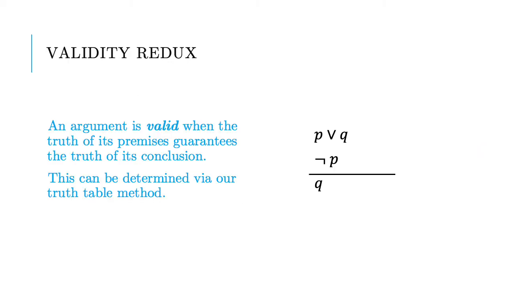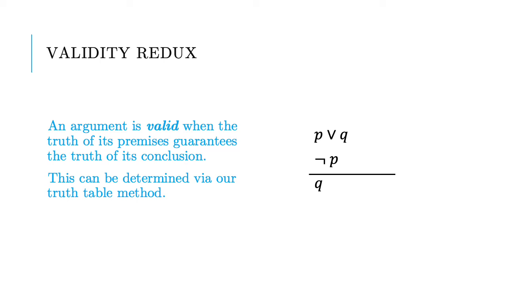We can now return to the concept of validity and examine it from the perspective of truth tables. Recall that an argument is valid when the truth of its premises guarantees the truth of its conclusion. This can be determined now via our truth table method.